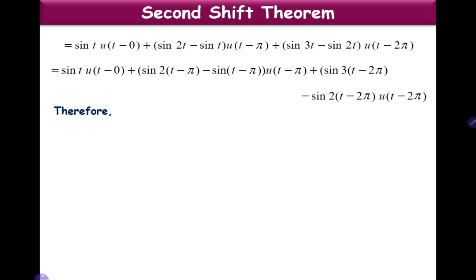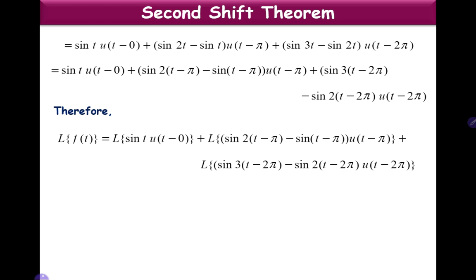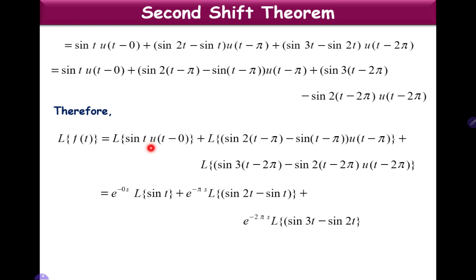Now, let us find the Laplace transform of this. Just apply L on both sides. The first is L of f of t minus a into u of t minus a, where a is 0 here and f of t is sin t. Therefore, if we apply the second shift property, the first one is e power minus as, that is e power minus 0s, into L of sin t.